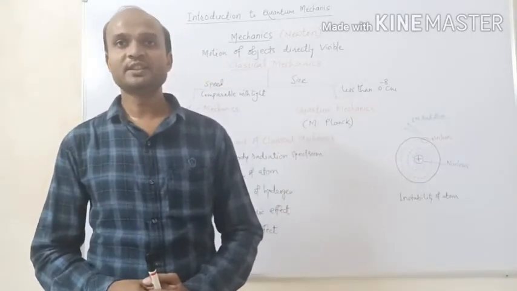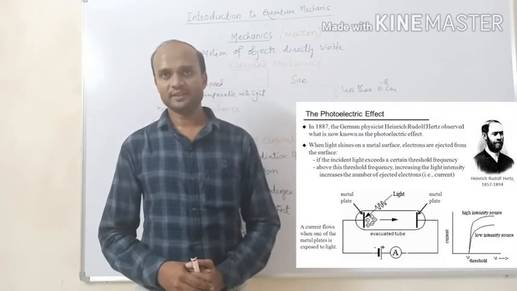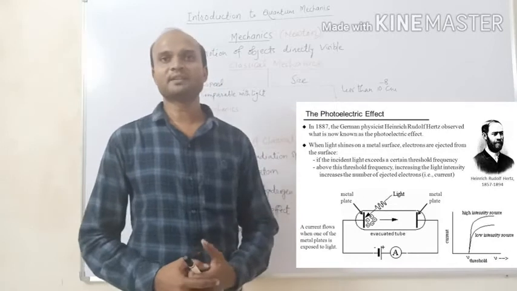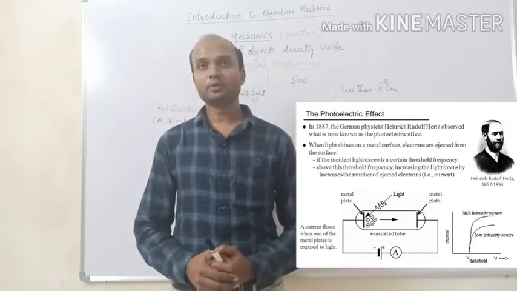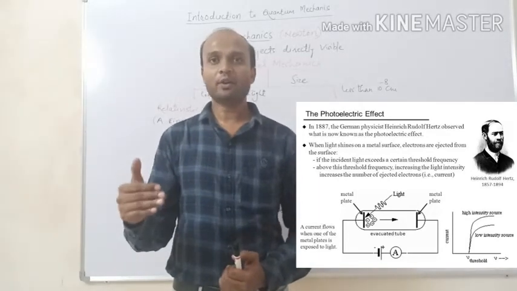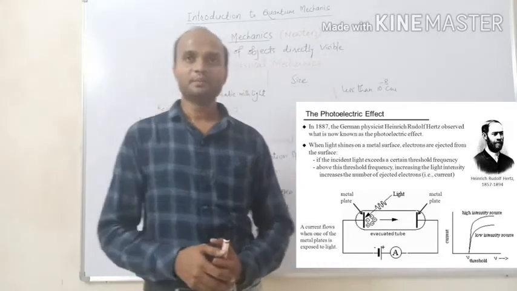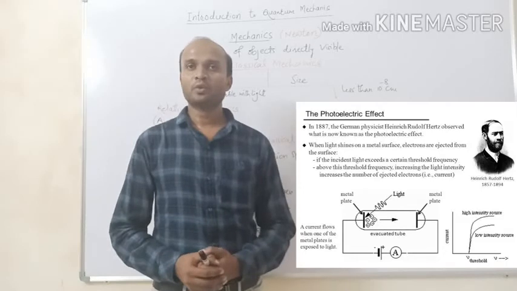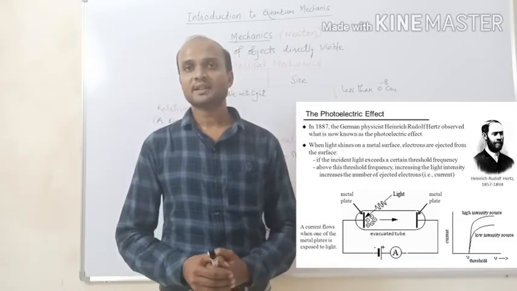Energy of the incident photons depends on a frequency, or kinetic energy of the electrons which are emitted from the metal surface depends on the frequency. But according to classical physics, that energy should depend on the intensity of the incident radiation, but practically it is frequency dependent. So its explanation cannot be given by the classical physics.